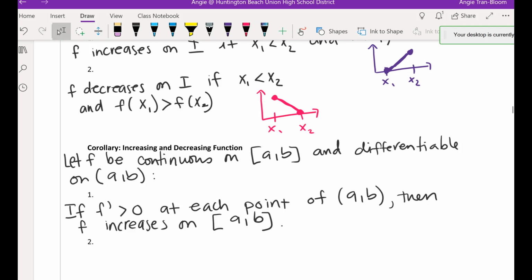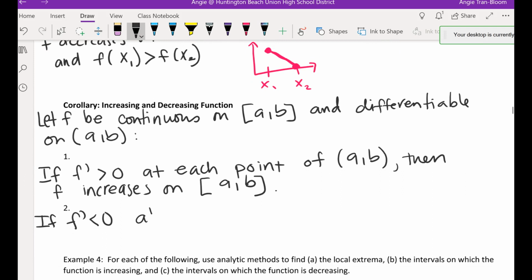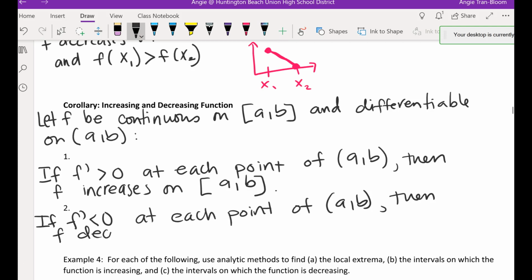If the derivative is less than 0 at each point, then you take out the word increase and replace it with decrease. If f prime is less than 0 at each point of a to b, then f decreases on the closed interval a to b.